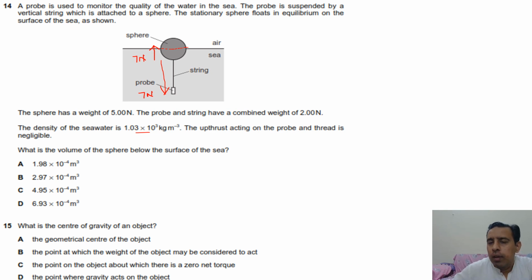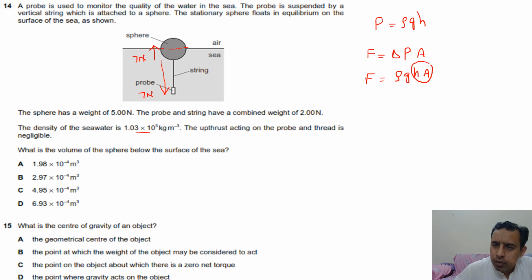So if we know that the pressure is equal to rho gh, and if there is a change in the pressure, then you can get the upthrust F is equal to delta P into A. So F is equal to rho gHA. This HA is actually the volume which is shaded here.